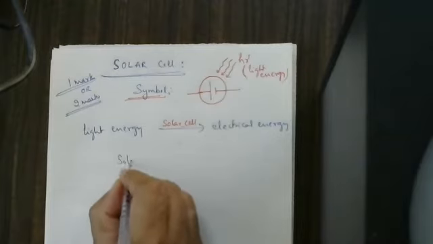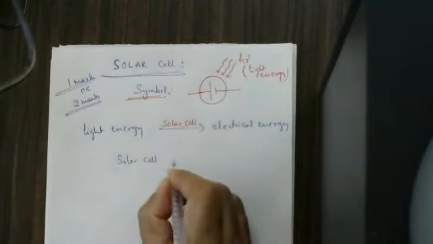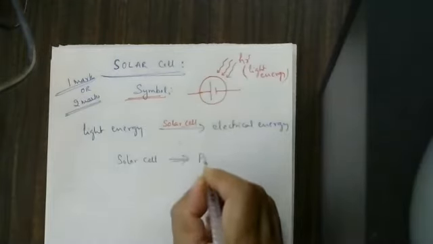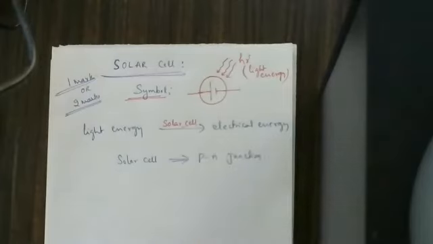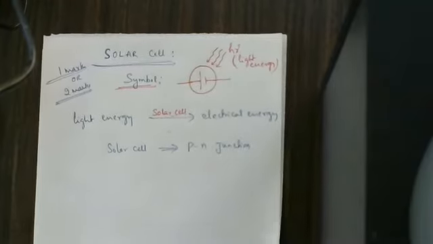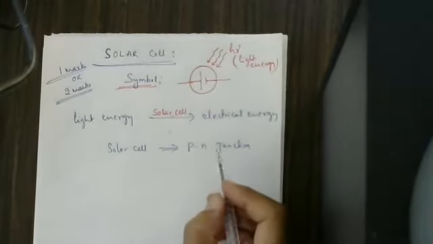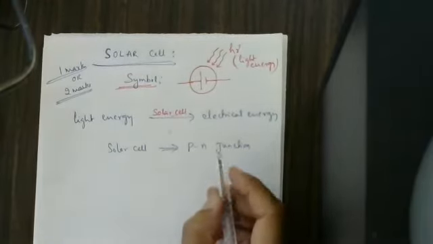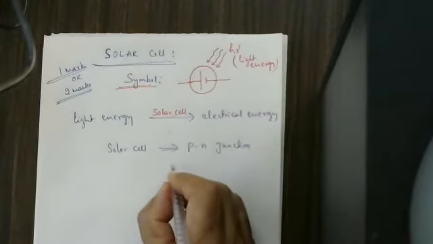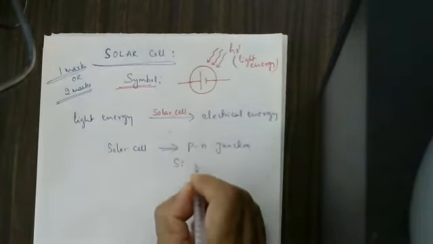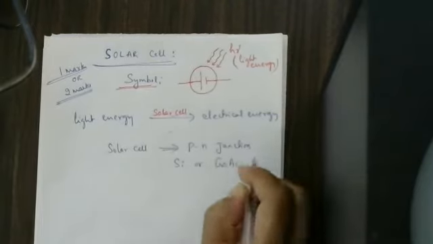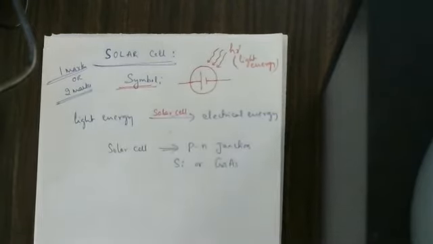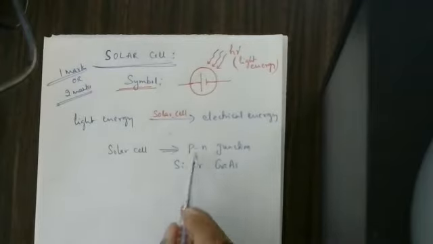A solar cell is a PN junction made up of either silicon or gallium arsenide. We first have to make this silicon or gallium arsenide PN junction.